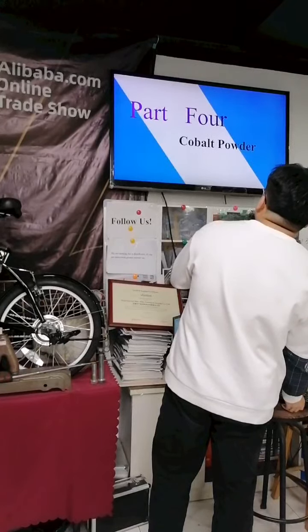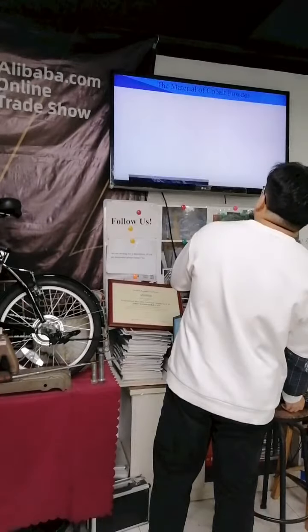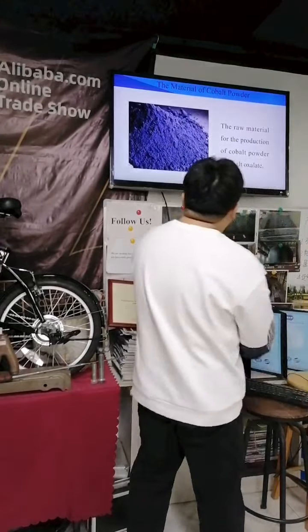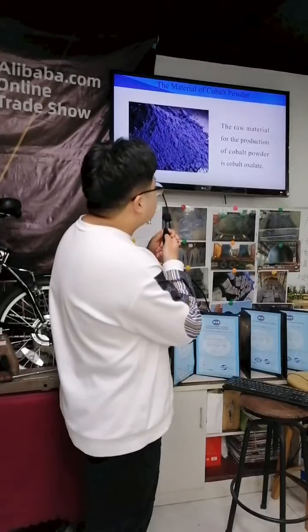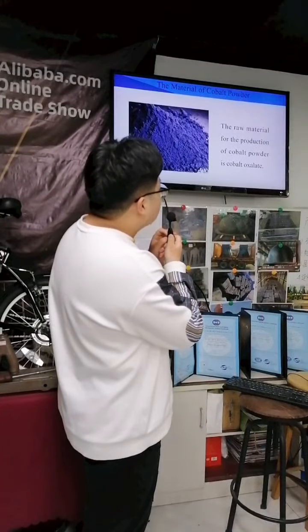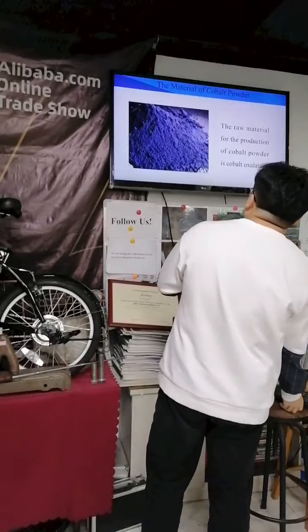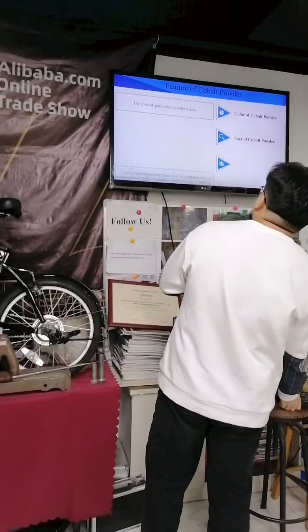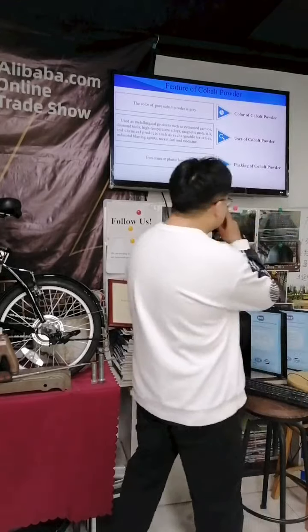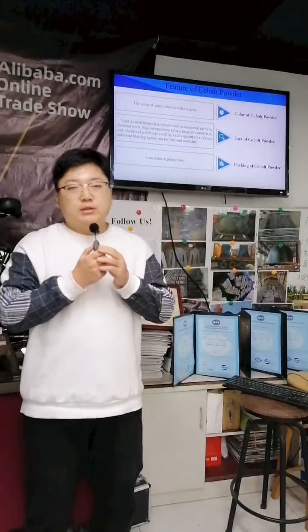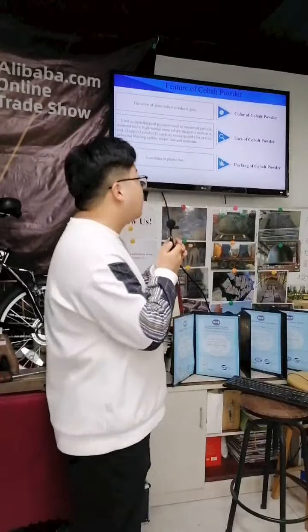Part 4 is about cobalt powder. The raw material for the production of cobalt powder is cobalt oxide. In this part, I want to talk about the features of cobalt powder.